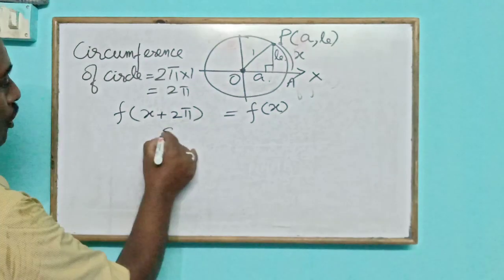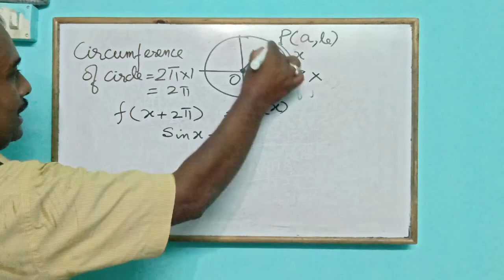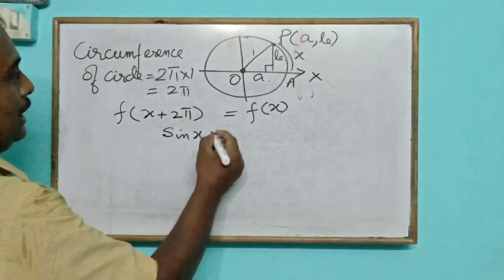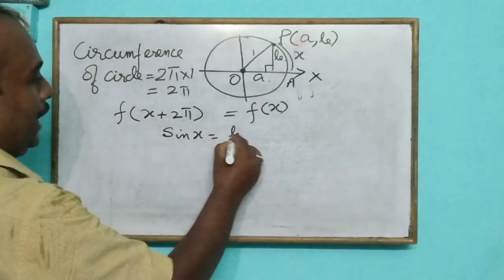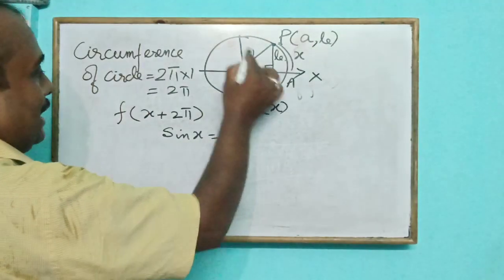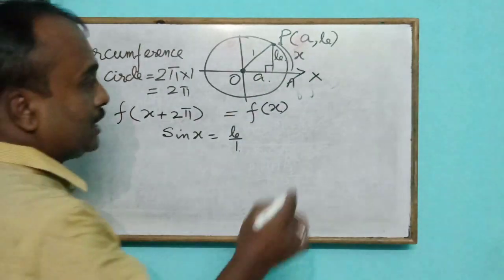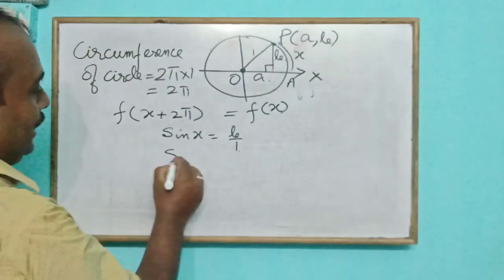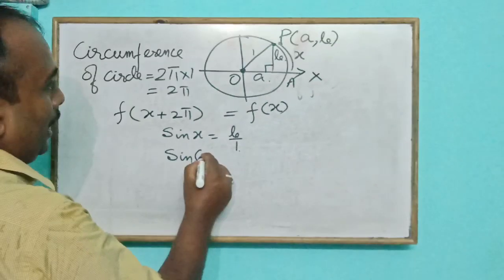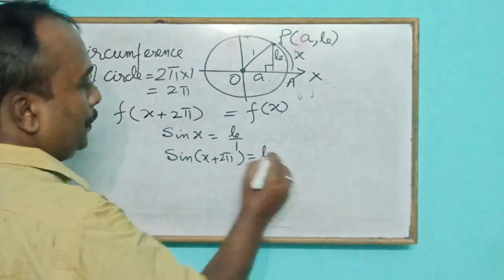Then sine of x equal to, since this arc is x, so the angle will be also x, sine x will be b by 1. And this x and x plus 2 pi, they are the same distance covered. Therefore, sine x plus 2 pi will be also b.